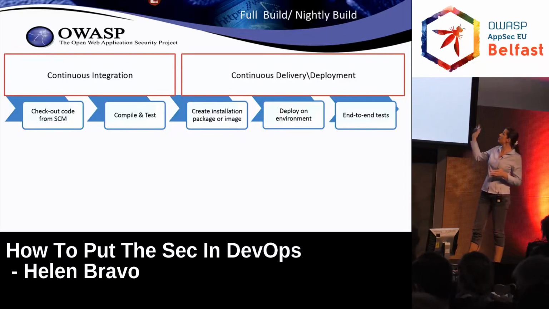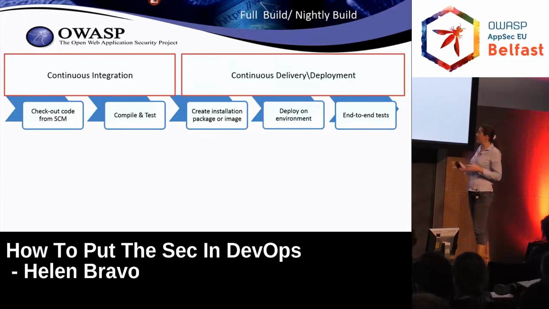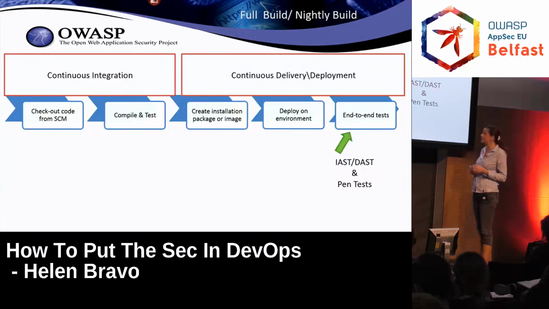Then we switch to the CD part. In the CD part, there is the package creation, the deployment, the whole set of environments that you might choose to deploy, and the end-to-end tests. So again, going backwards, we can take a look into the end-to-end tests.